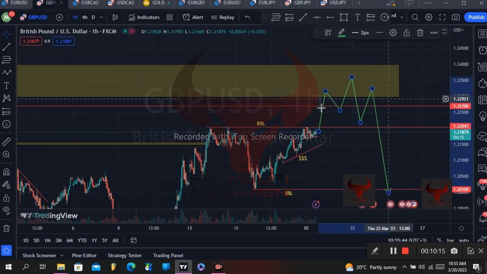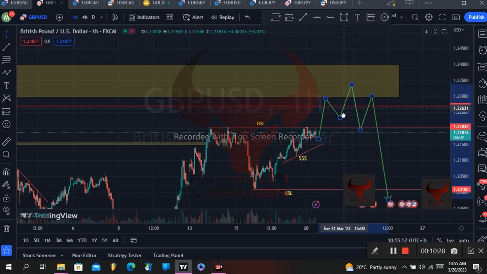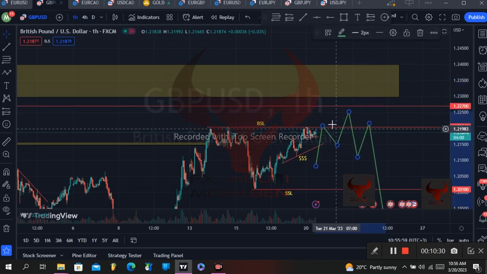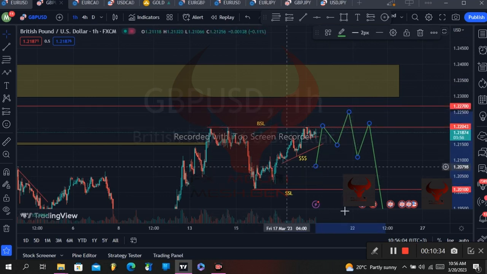So I will wait for this confirmation pattern to form up here before going in and taking my sells. And also if this pattern forms below here, before targeting this high, maybe you can also take a sell to target this short term.